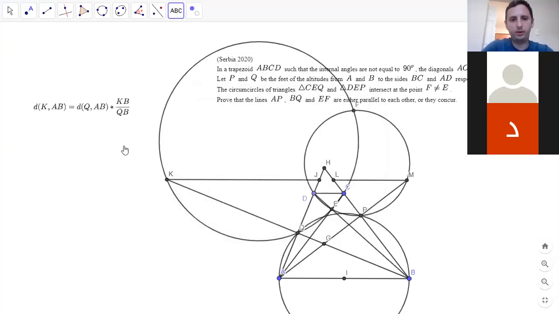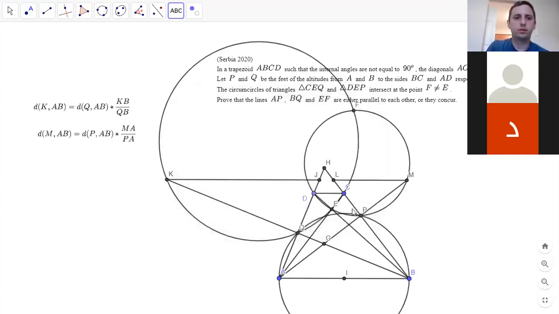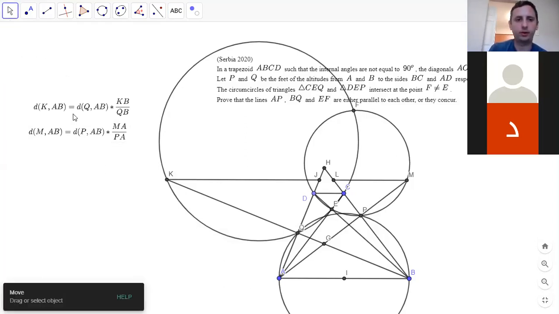Actually, maybe it might be better to use point G for this. No, I don't think so. All right. And I want to show that these two are equal.